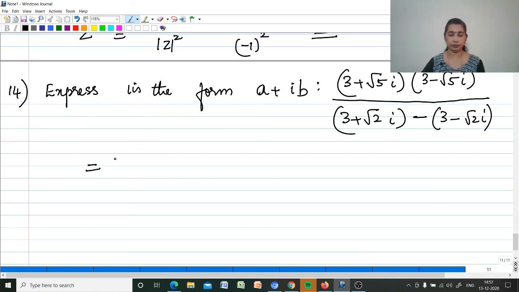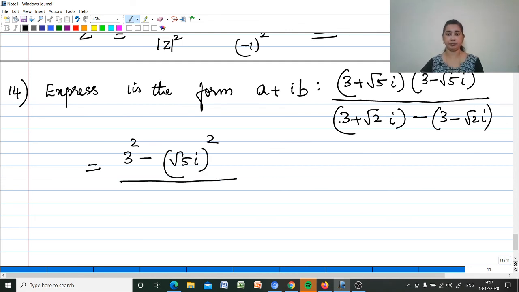That is equal to, we can multiply the numerator. Here we can see that it is a plus b into a minus b form. So, we can write it as a plus b into a minus b is a square minus b square. So, 3 square minus root 5i whole square, divided by 3 plus root 2i minus 3 minus root 2i.